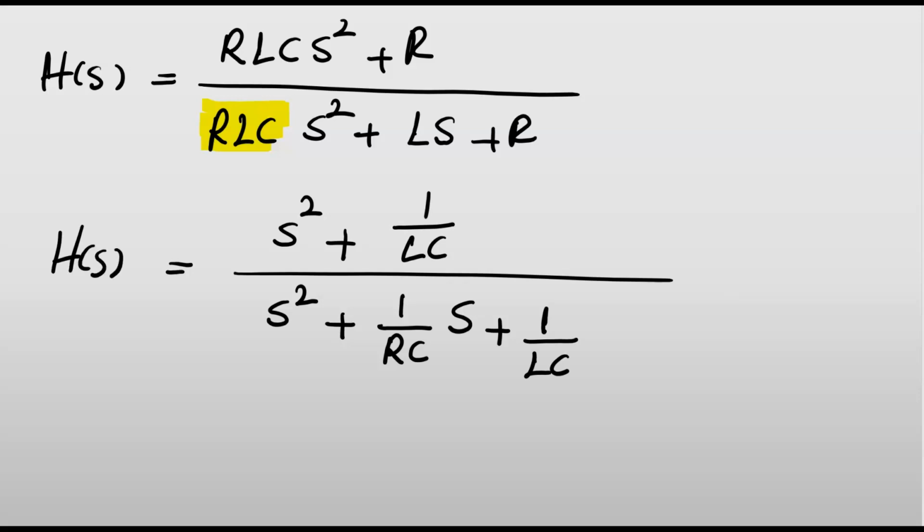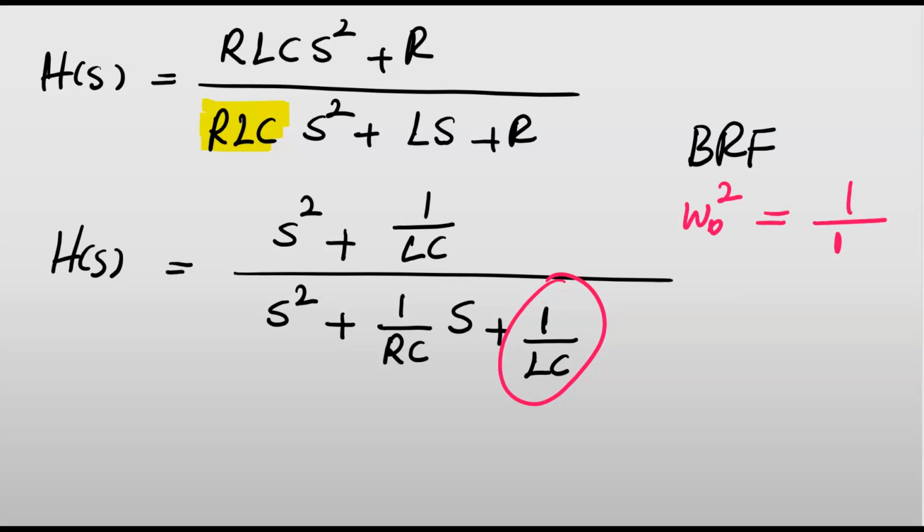So obviously this is a band reject filter, and for this particular filter, what I have as the constant in the denominator is my omega naught squared. So omega naught squared is 1 over LC, and what I have as the coefficient of S is my beta. So my beta, or bandwidth, is equal to 1 over RC. Knowing omega naught and beta, I can find the rest of them.